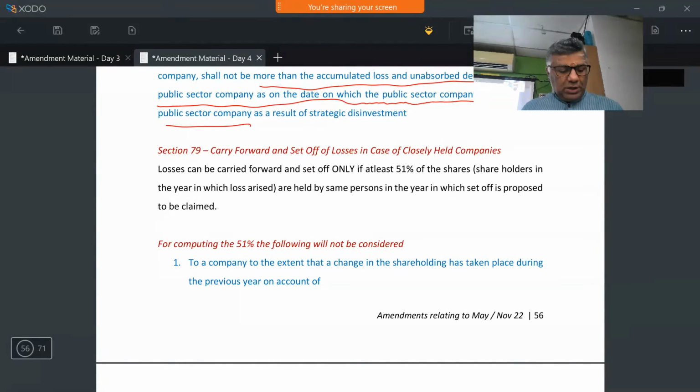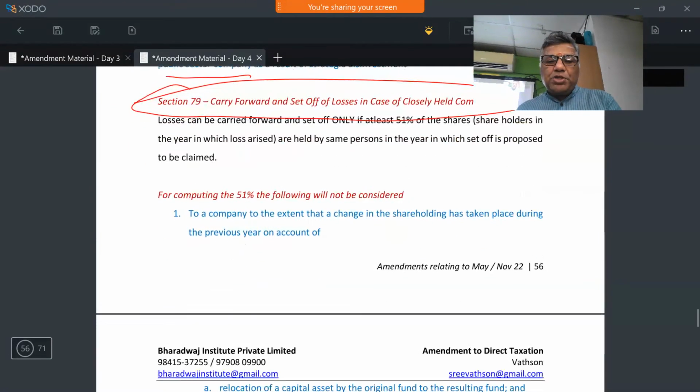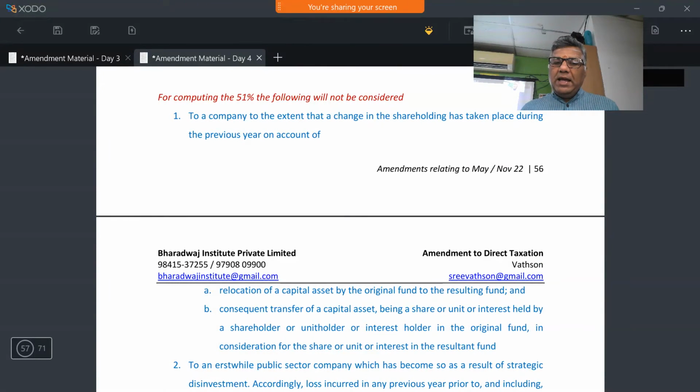But before that, let us understand, as I told you, this is for section 79, losses of unlisted companies. Easily understandable is unlisted company. At least 51% of the shareholders should continue. There are some exceptions due to death, due to inheritance, due to gift, like that. One of the exceptions added in the current year is for computing 51%, following will not be considered.